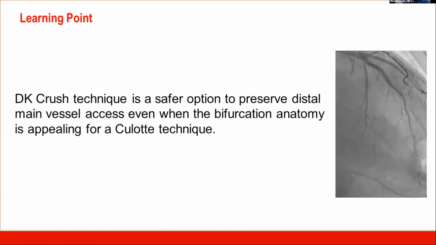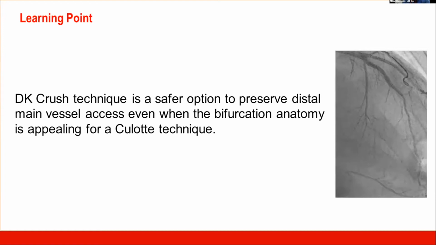The second learning point, I think it's important. When we choose our technique to deal with a two-stent strategy, we base it on algorithms, based on the angle, the lesion distribution, the size of the stent branch, etc., which are all absolutely fine and work. But in this particular case, our priority also is to preserve the position and access of the wire to the distal branch.